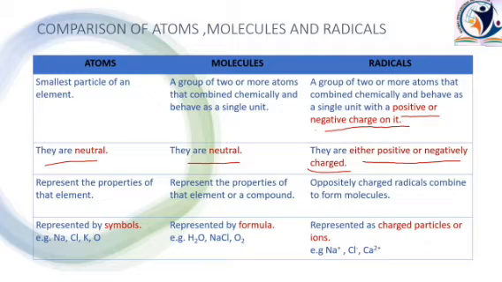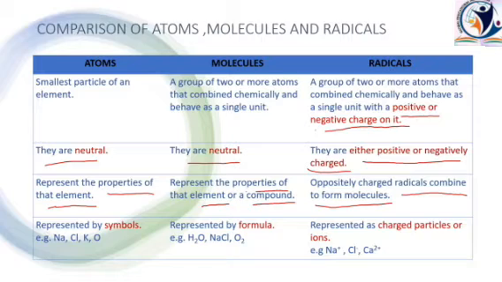The third point, atoms represent the properties of the element from which they have been taken, whereas molecules represent the properties of either the element or the compound from which they are taken. And radicals chemically combine to form a molecule. They don't represent an atom or molecule.